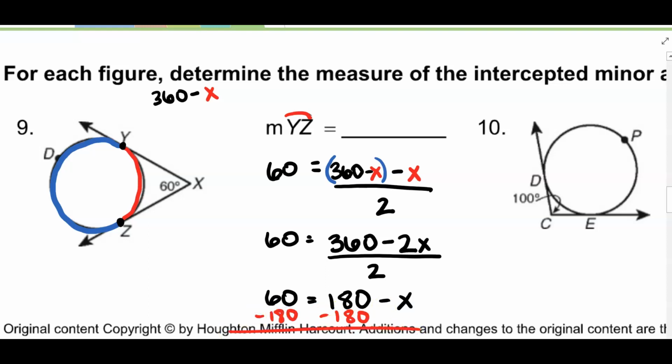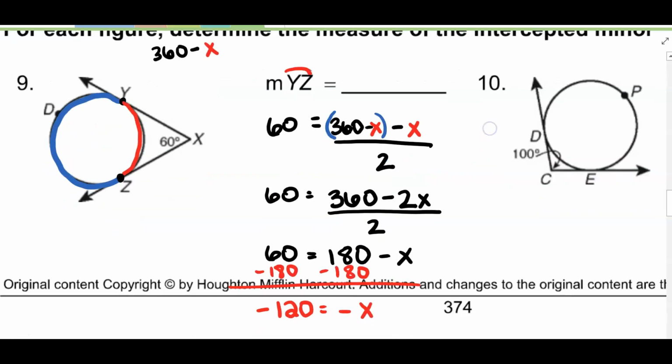That's going to get me negative 120 is equal to negative X. And if I wanted to solve for positive X, I can divide both sides by negative 1. And I get that X is positive 120, which means that if X represented our minor arc YZ, our arc is 120 degrees.